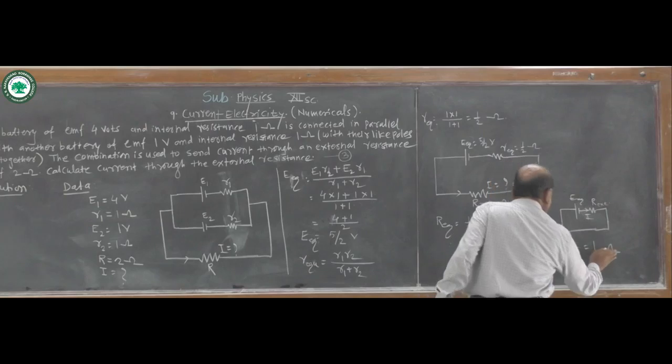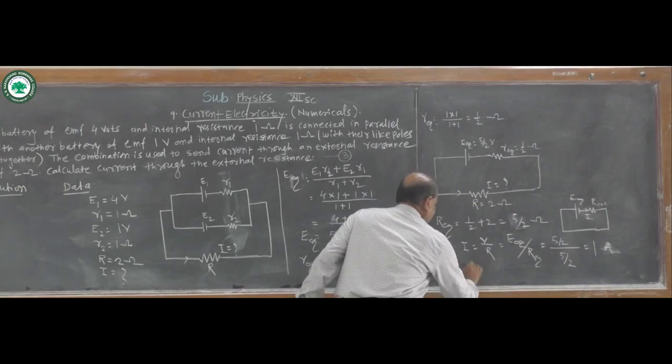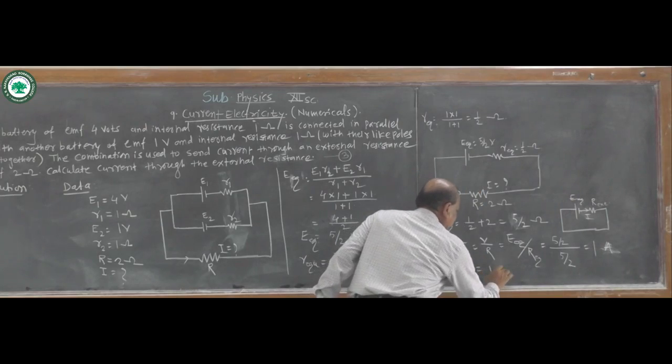Current is measured in ampere, and therefore the value of I is equal to 1 ampere. This is the answer.